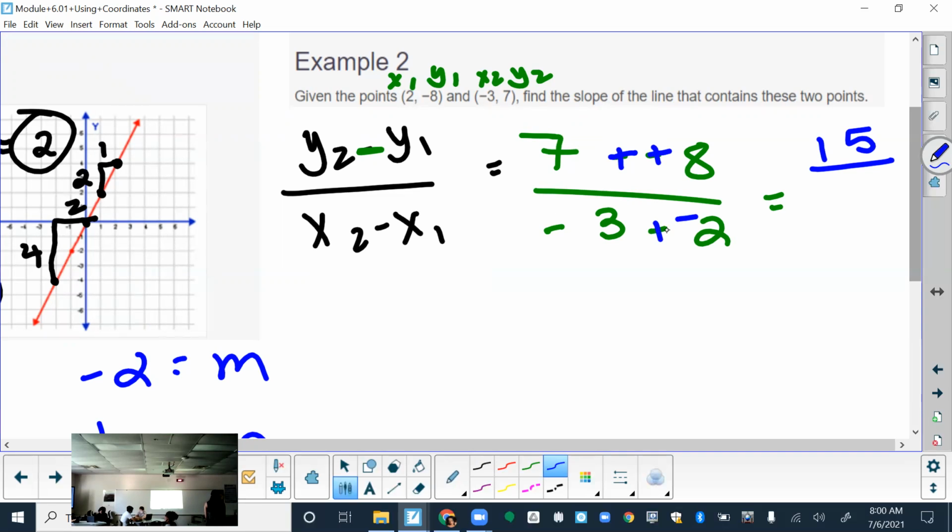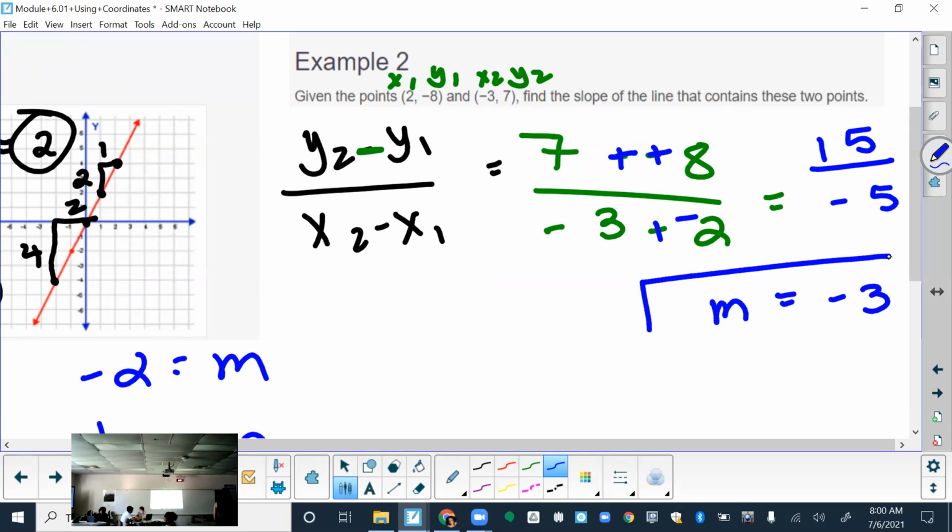So change the subtraction sign to a plus sign, and change whatever sign is on the last number. What's -3 plus -2? -5. All right, if you have a hard time with negatives, use a calculator. 15 divided by -5 is -3. So our slope is -3.